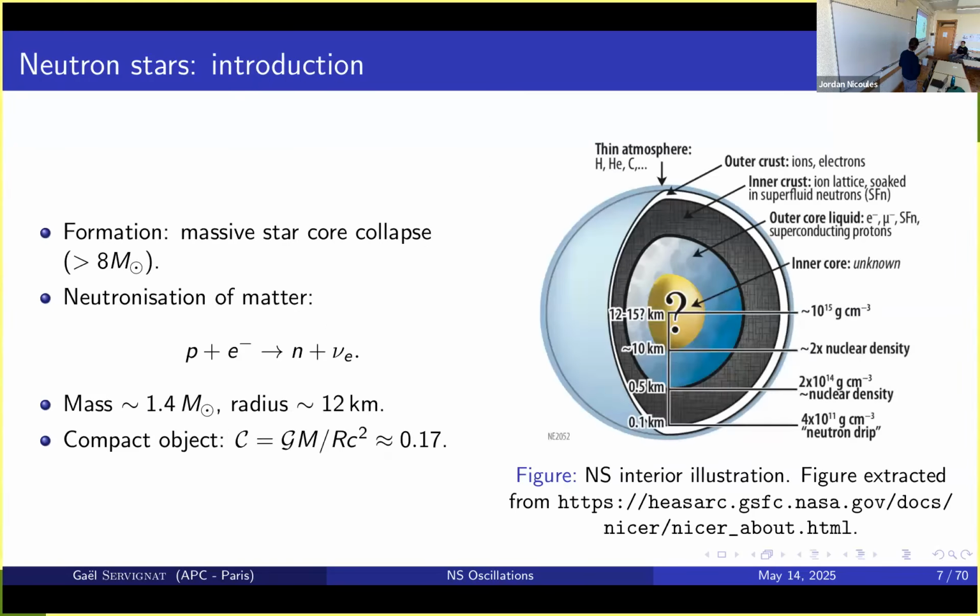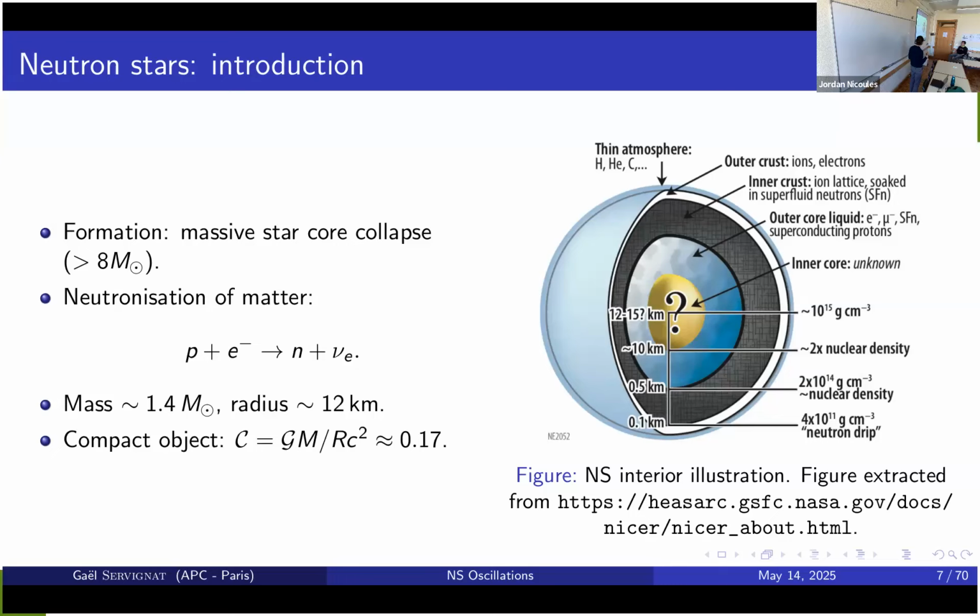Right. So I have been talking about neutron stars a lot. And what are they? The easiest way to think about how neutron stars are born is to remember that the main channel of formation is the collapse of a massive star, and massive means above 8 solar masses. During this cataclysmic event, the matter will be neutronized thanks to nuclear reactions.